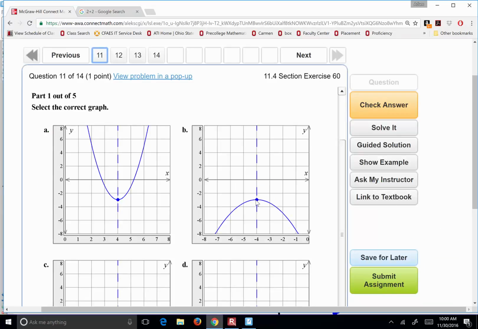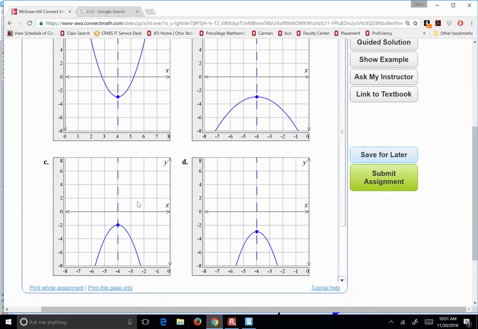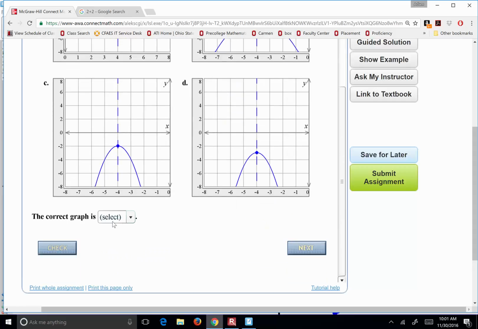This is minus 4, minus 3. So this is one candidate. This is also minus 4, minus 3. This is also one candidate, but it should be upside down. Minus 4, minus 2, wrong. This is not the right vertex. Minus 4, minus 3. So it can be B or D. Which one? B or D? D. We need to go with the skinny one, right? It's stretched, so it's option D.